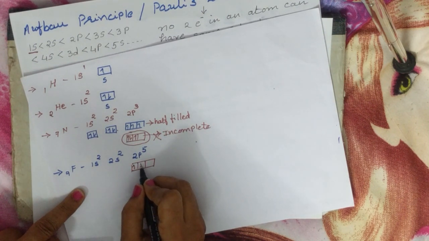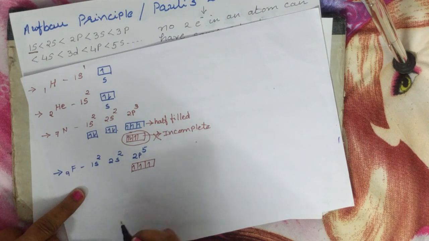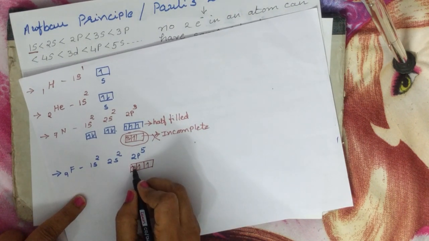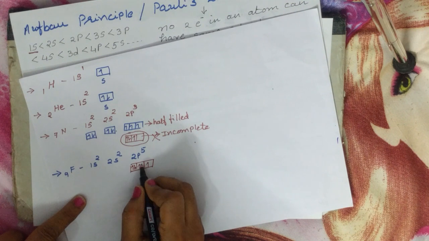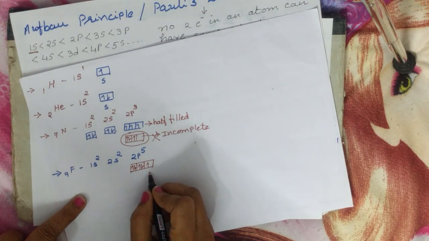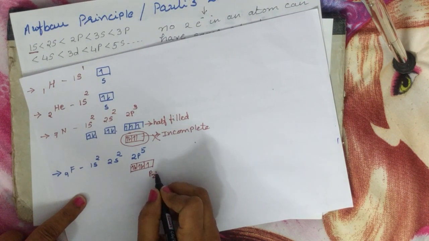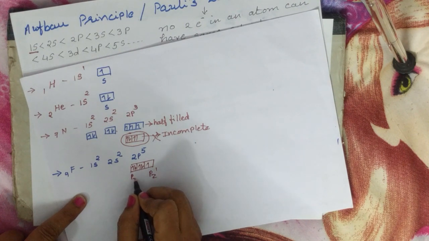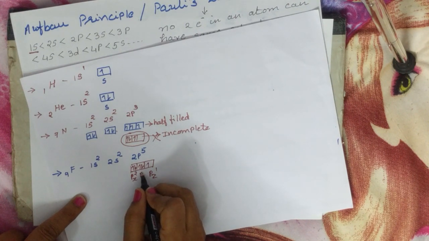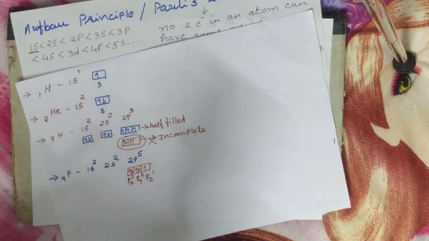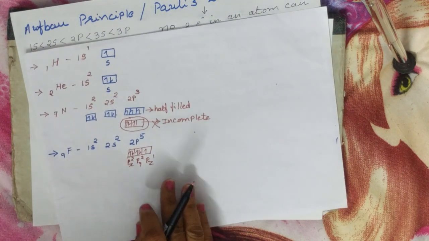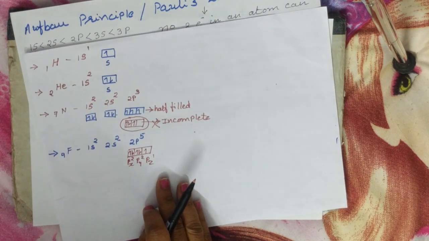First the px, py and pz get 3 electrons, then the pairing starts. So here you can write pz1, px2 and py2. Pairing in pz is not possible.